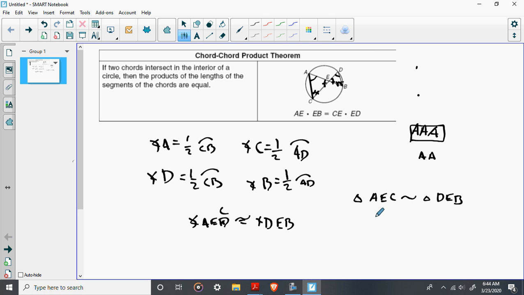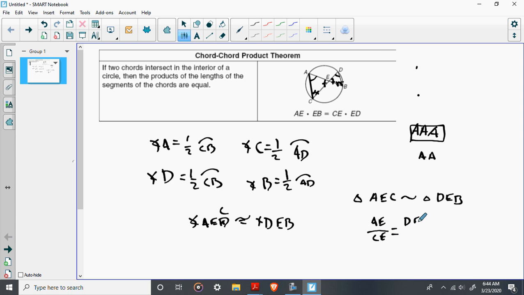We do know that AE is to CE, right? So this side is to this side, and make sure in your other triangle you're taking these in the correct order, as DE.